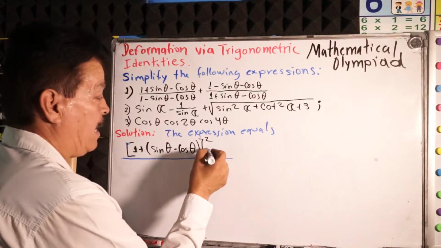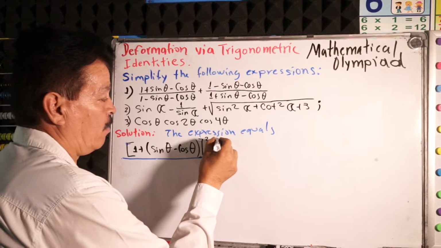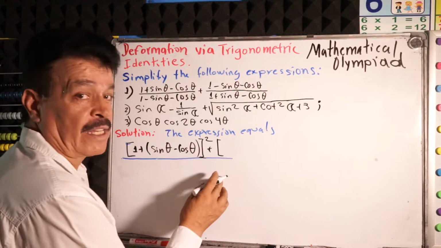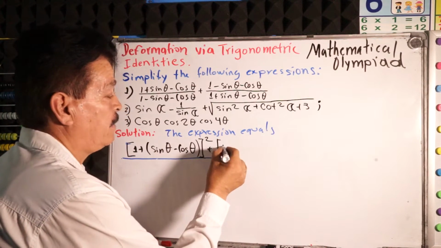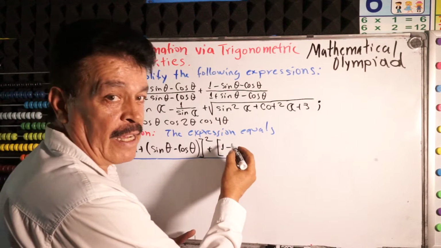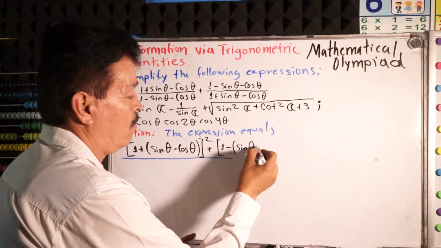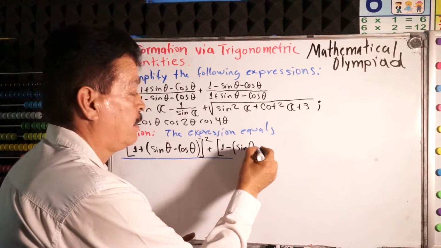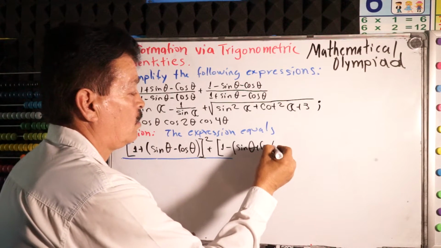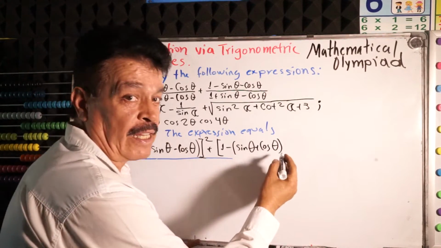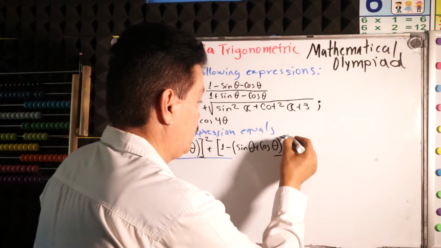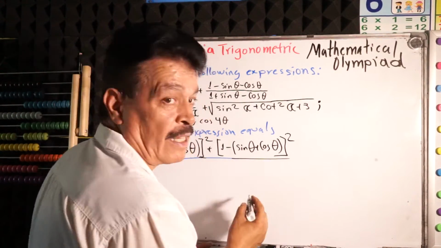Now next is plus. Again open another bracket right here, and then write 1 minus sin of this angle plus cos of this angle. All right, close it to the second power, right?